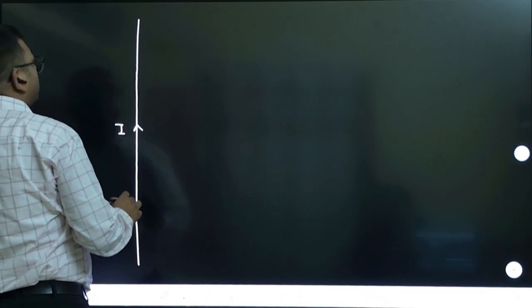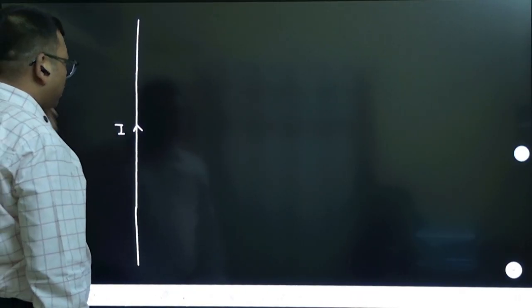Suppose we have a very long wire like this carrying current. Very long means very long, and I want to calculate the magnetic field at some place.